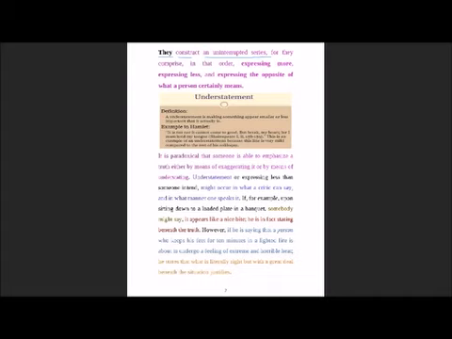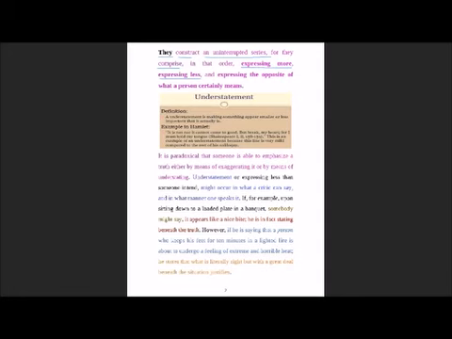They comprise, in that order, overstatement, understatement, and irony. Expressing more refers to overstatement: exaggeration, hyperbole. Expressing less means understatement. You say something, but it is not sufficient, less than it should be.